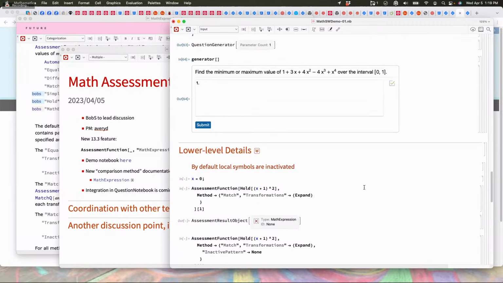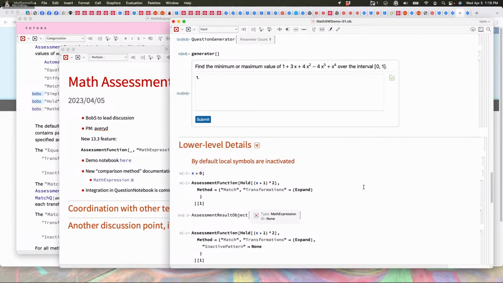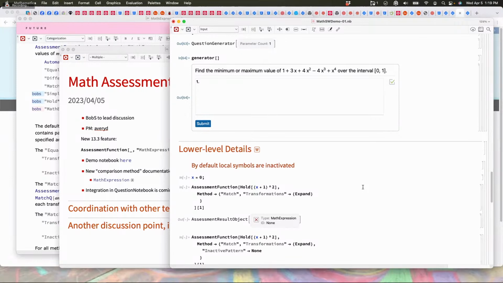Okay, I think I'm understanding that you have a concept here of equal or match. Why isn't it called SameQ versus equal? Well, it's not passing to SameQ, it's passing to MatchQ. We can support things like blanks. You can do a hold of X plus blank.